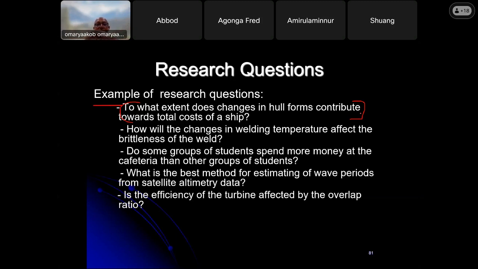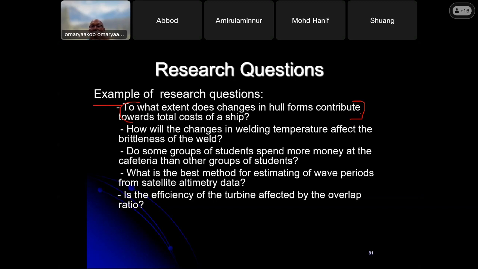So we can see number two, the second one: how changes in welding temperature affect brittleness of the weld. I'll ask people who have not spoken. Anybody? Hanif. Yes, Hanif. So what do you think should be the objective for the second one here?